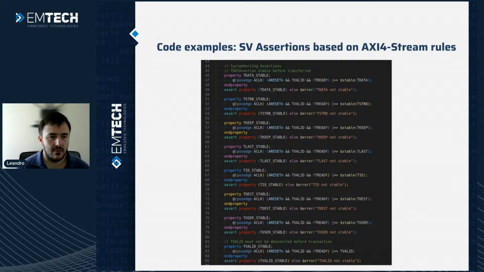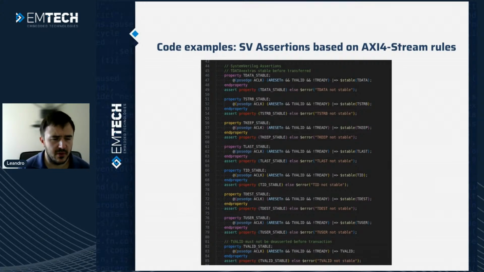So it's nice to have a set of assertions inside the actual interface that's used everywhere for your AXI4-Stream device modules and infrastructure. Many of the rules are the same. I mean, the data must be kept stable if there's no transaction.